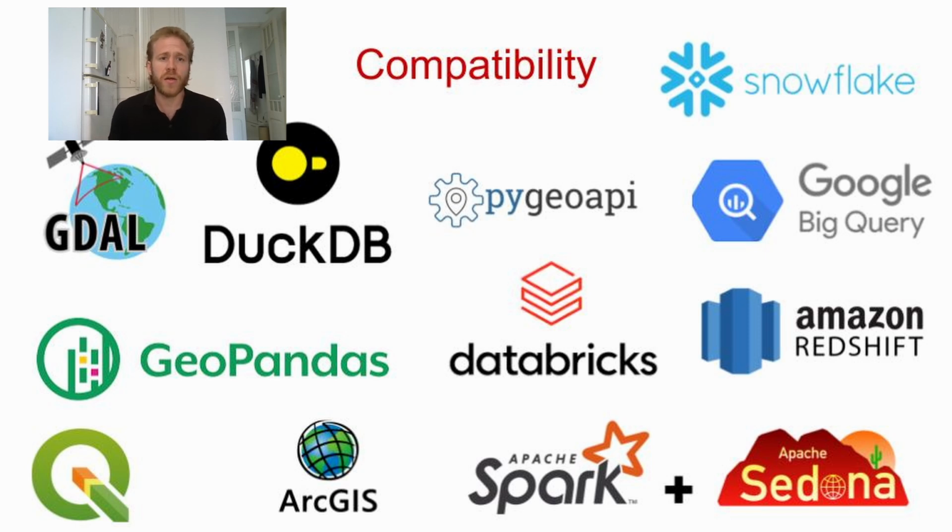Engines like Google BigQuery, Amazon Redshift, Databricks, and Snowflake can all work with GeoParquet and handle geospatial queries. Specialized software like QGIS and ArcGIS can also handle it. Beyond data warehouses, Apache Spark is another powerful option for working with GeoParquet at scale.